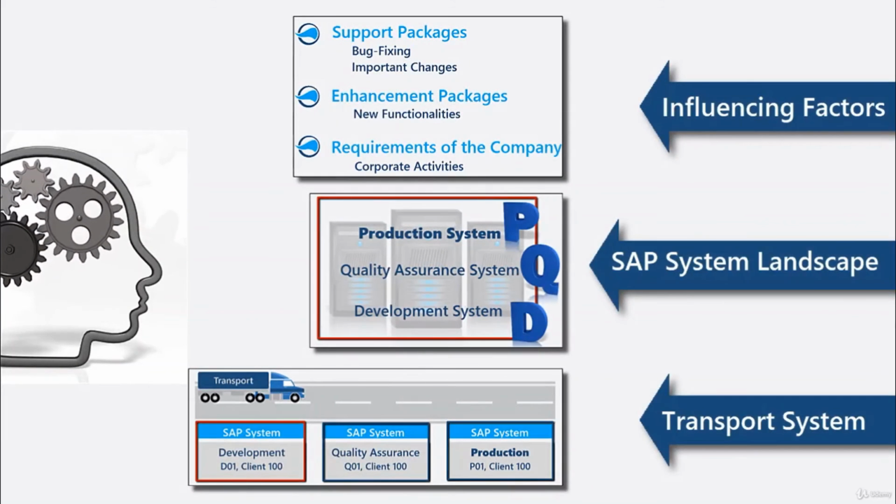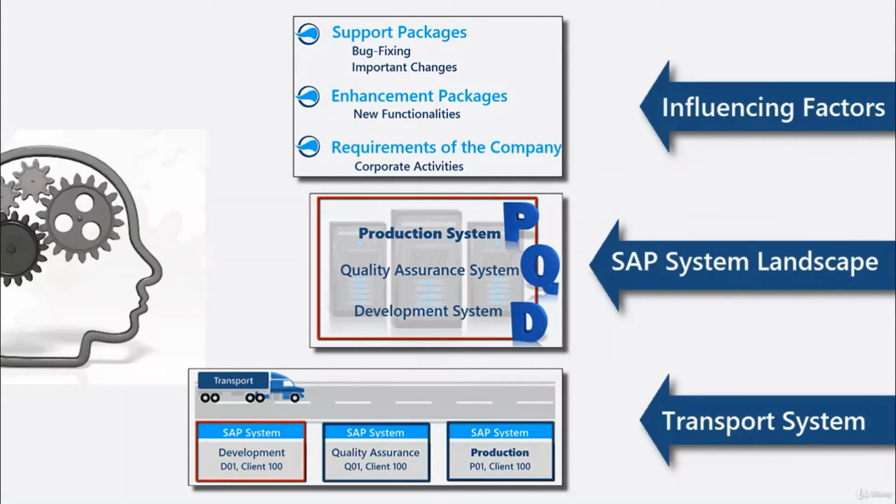In conclusion, adapting and configuring an SAP system is an ongoing process. Even after starting to use SAP productively, changes are inevitable. This may be due to the implementation of support and enhancement packages or due to new business requirements.